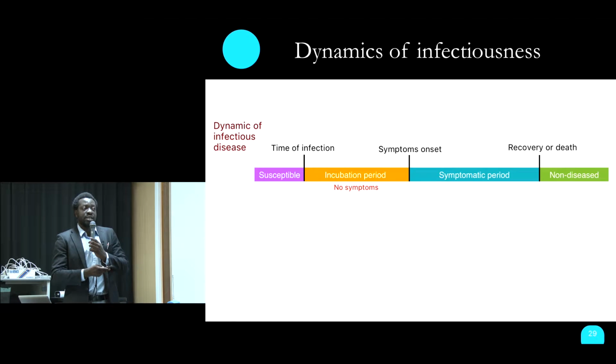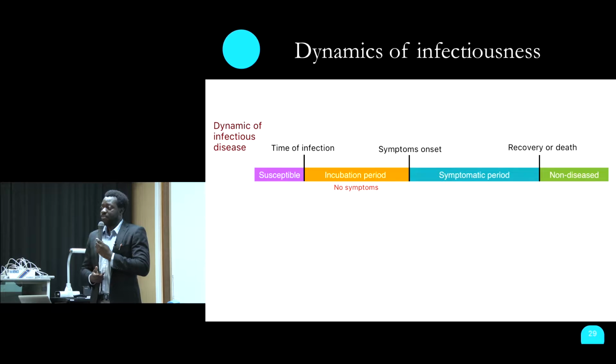The characteristic here is that there are no symptoms. You look well, apparently. Then we have the start of symptoms, which is the symptomatic period, this period here. Then recovery or death, depending on the outcome.